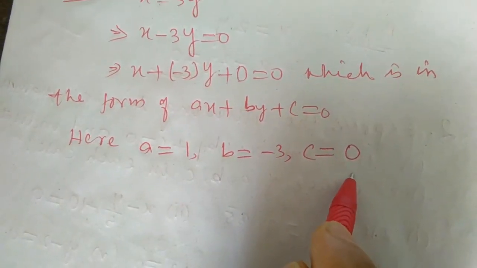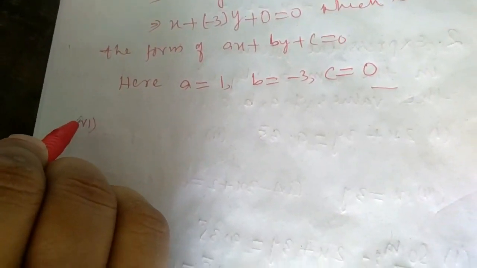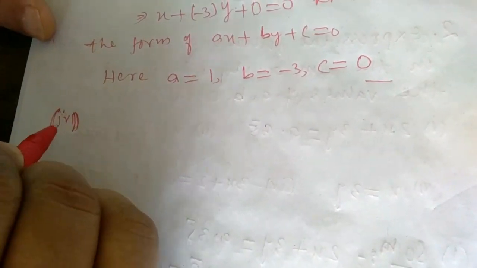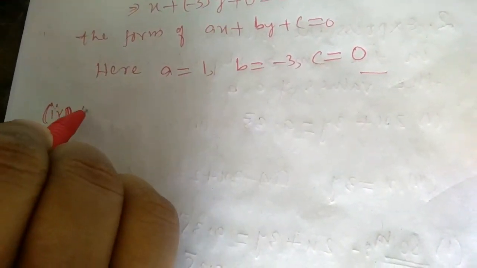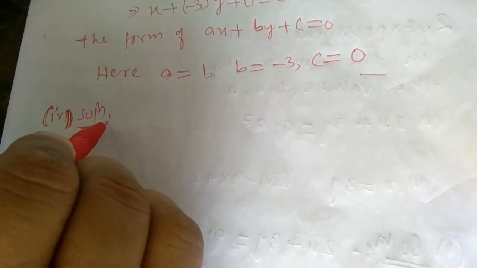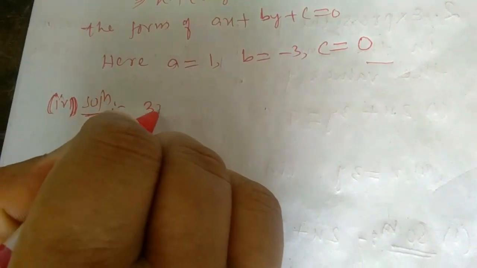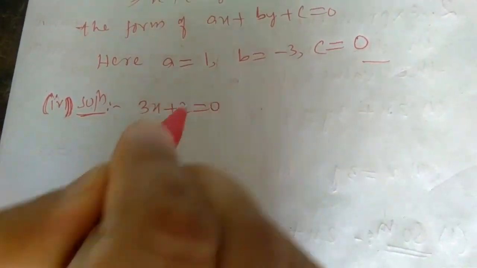Now the solution to question number 4. It is given thrice x plus 2 equal to 0.